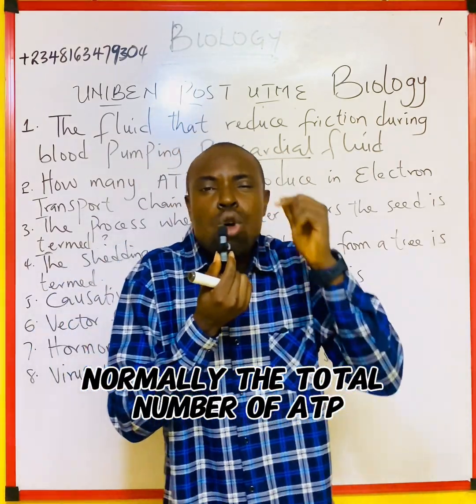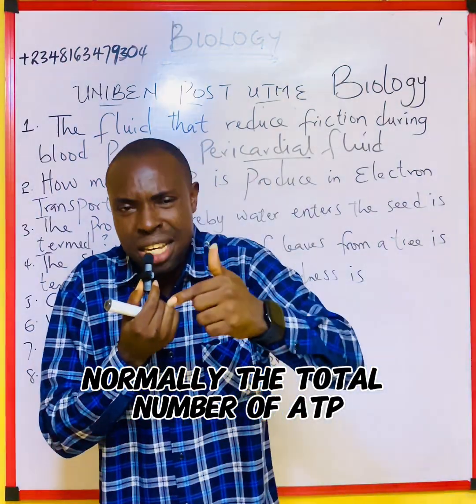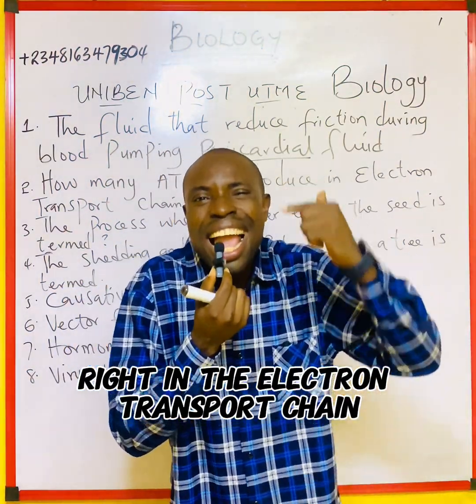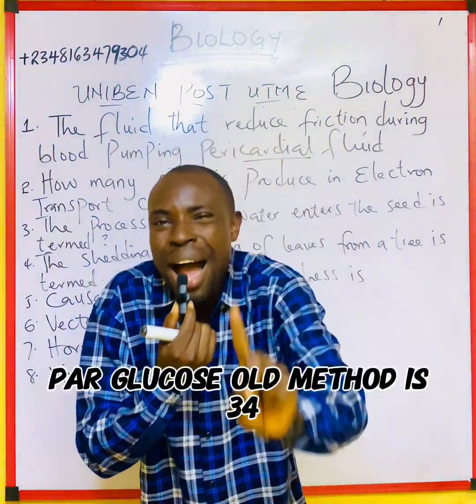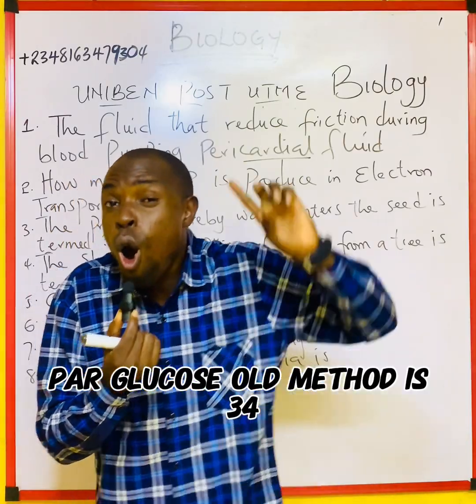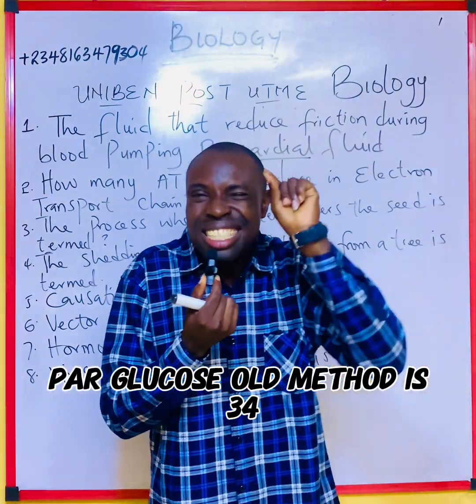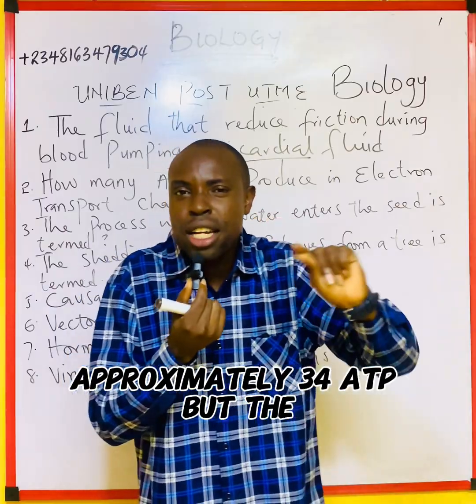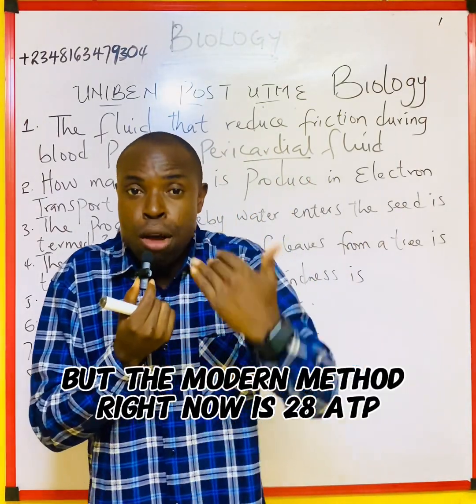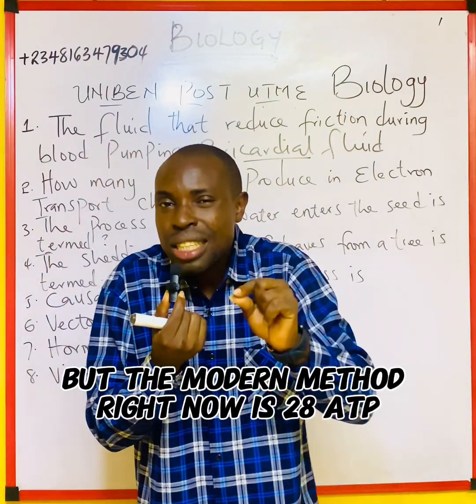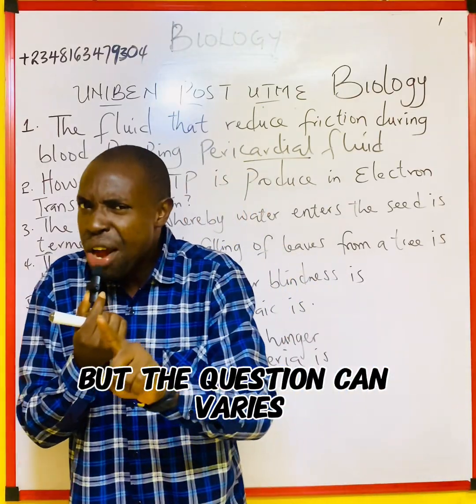Normally, the total number of ATP in the electron transport chain per glucose, by the old method, is approximately 34 ATP. But the modern method right now is 28 ATP. But the question can vary.